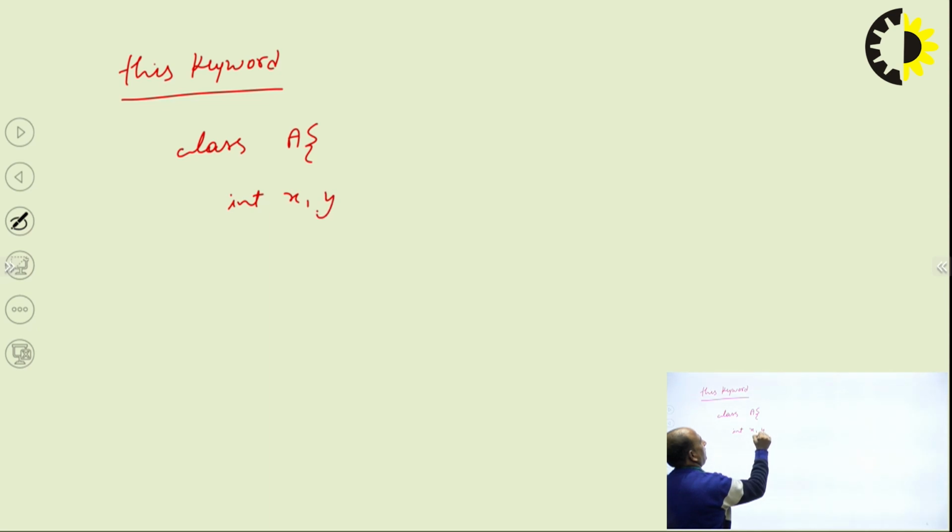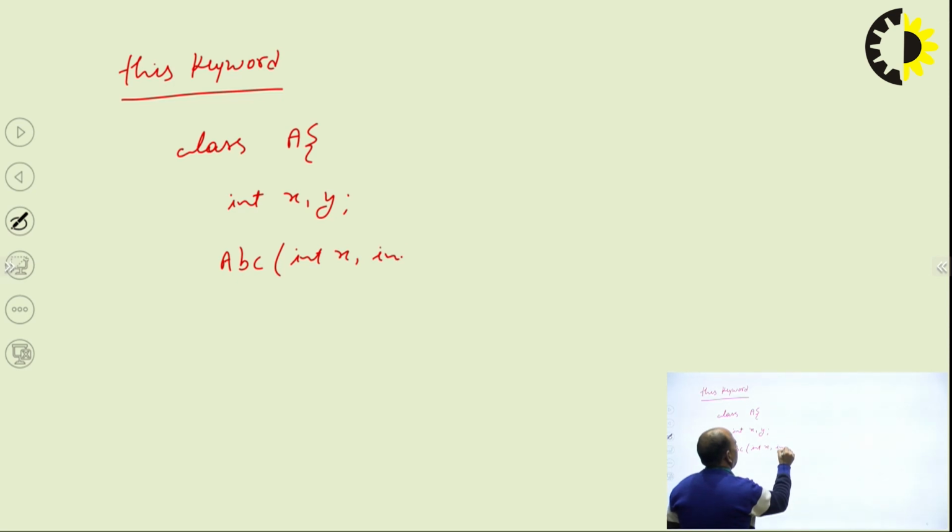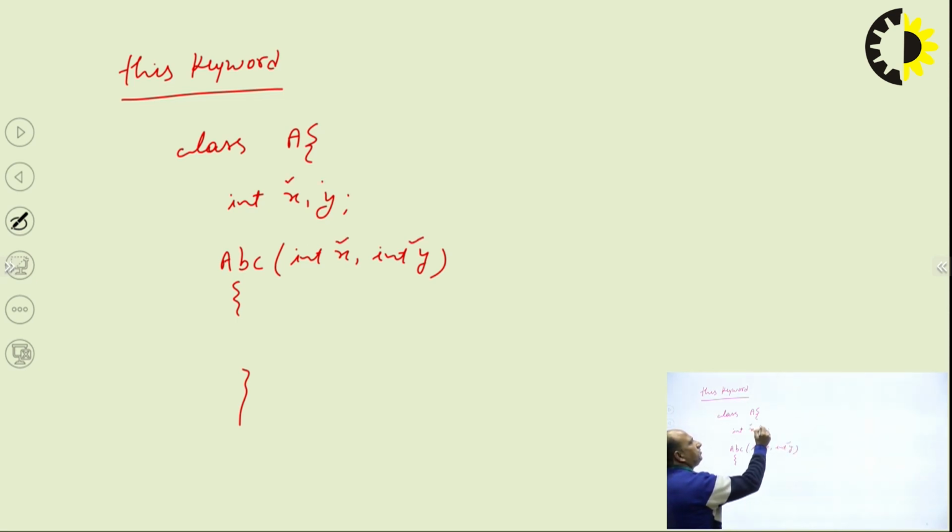X and y. And there is a constructor ABC. Here I want to pass the parameter name as the same name as the class variable's name. Means in the constructor also the variable names are x and y, and in the class also the variable names are x and y.